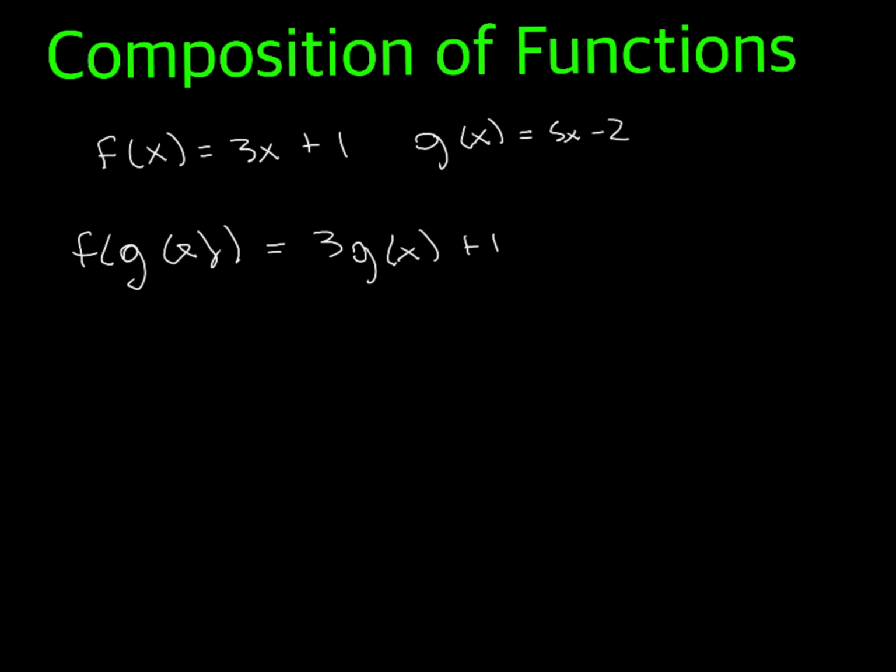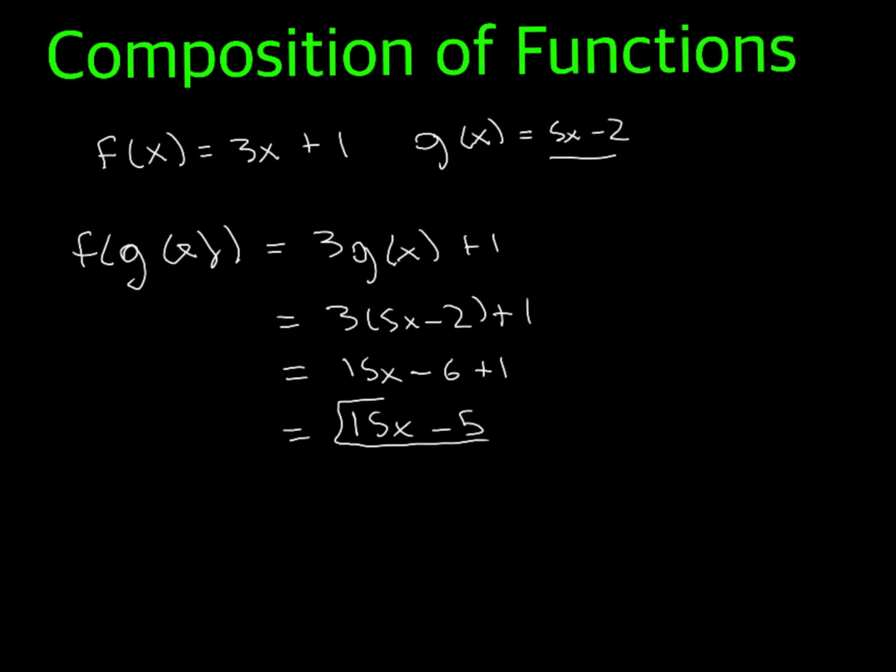Now g of x equals 5x minus 2. So this equals 3 times (5x minus 2) plus 1. And that equals 15x minus 6 plus 1, which equals 15x minus 5. And that's our answer.